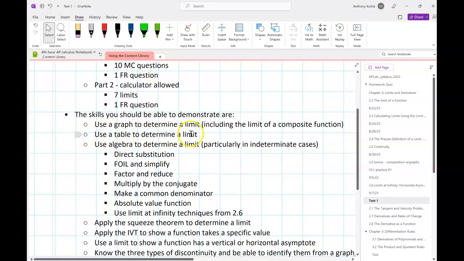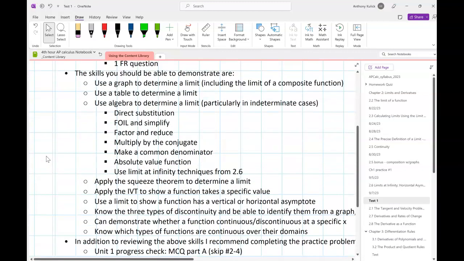You should be able to use a table to determine a limit. You should be able to use algebra to determine a limit, particularly in those indeterminate cases. Remember our algebraic methods to evaluate a limit were direct substitution, FOIL and simplify, factor and reduce, multiply by conjugate, make a common denominator, and absolute value functions.